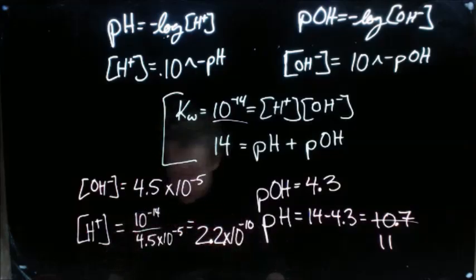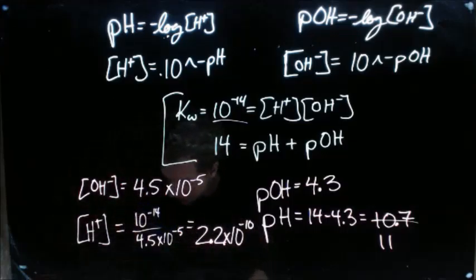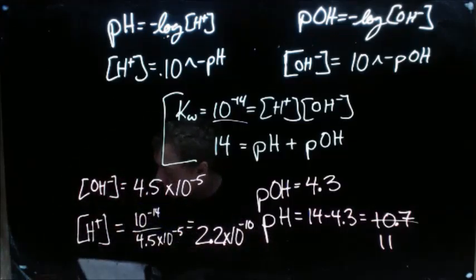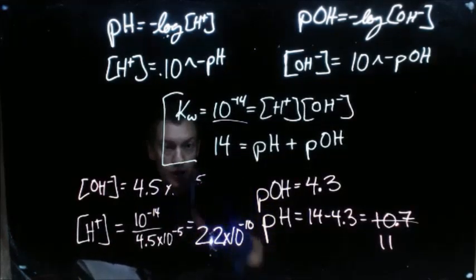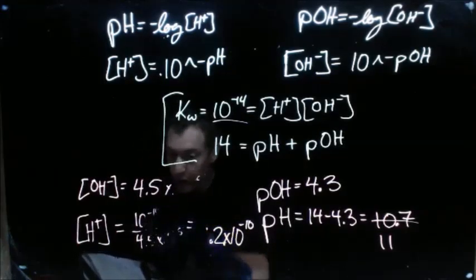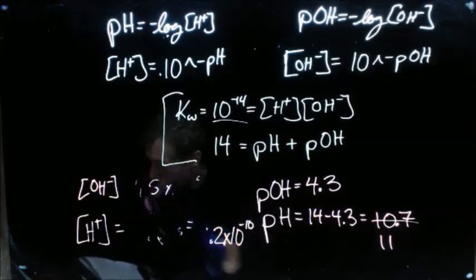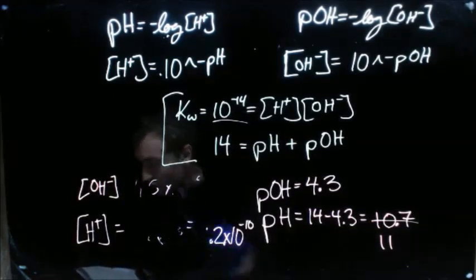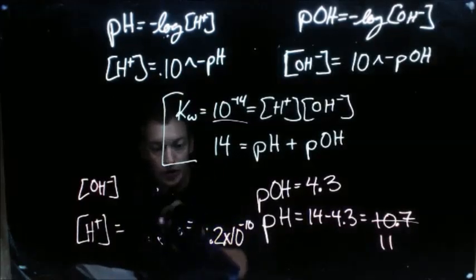And there is immediately following that a question very similar. Lecture example number 2 asks, provided with the pH of 8.85, what are the hydrogen ion, hydroxide ion, and pOH?